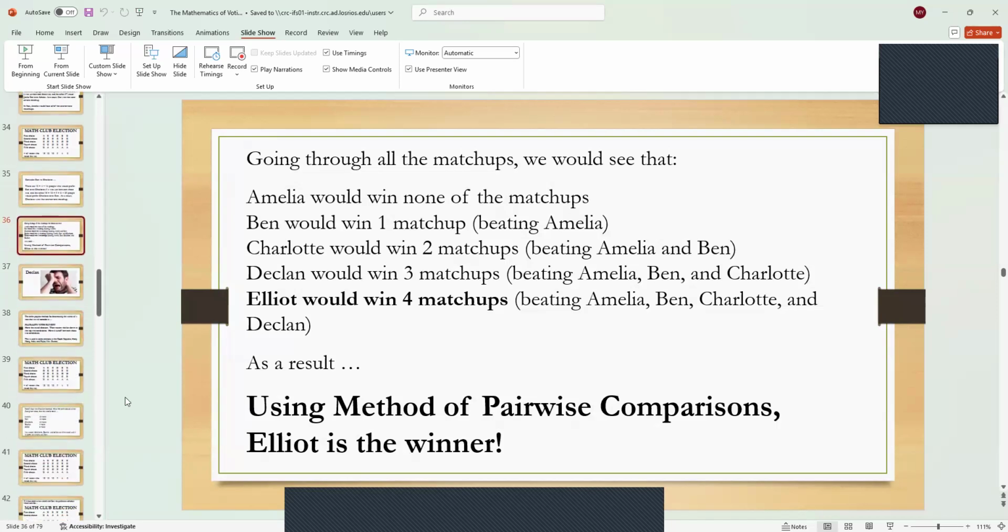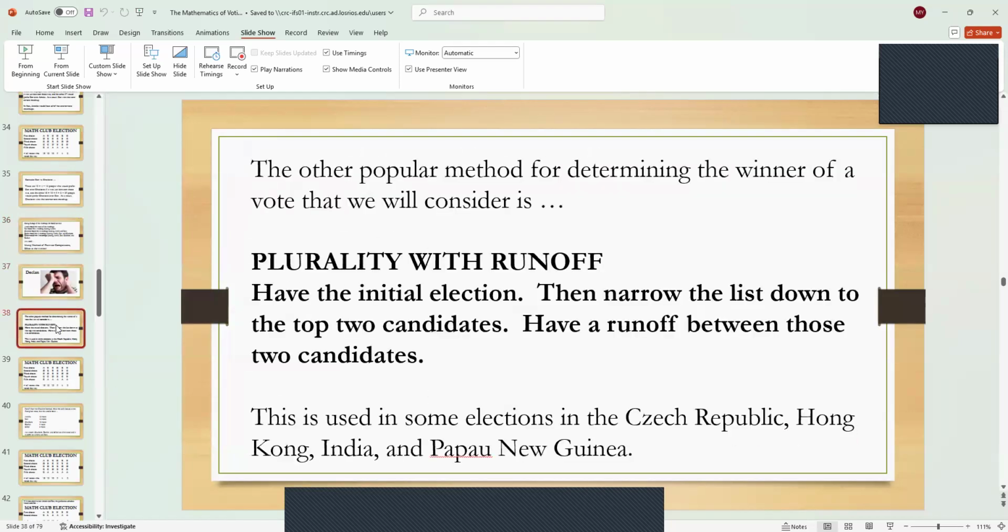Told you we're going to look at 5 different voting methods. Let's look and see what the next one is. So the last one, I believe. Remember, these are 5 different voting methods commonly used all over the world and widely accepted to be fine.